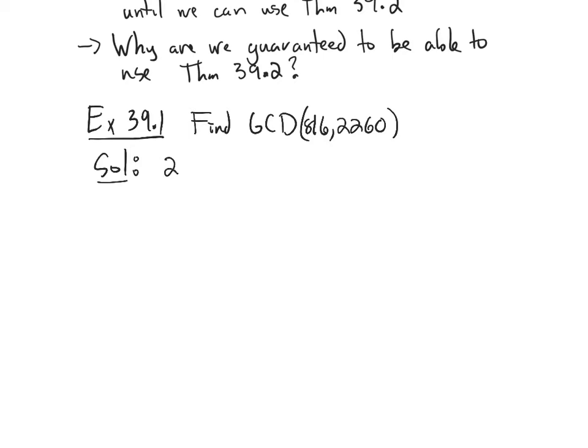So I can write 2260 as two groups of 816, with a remainder of 628.